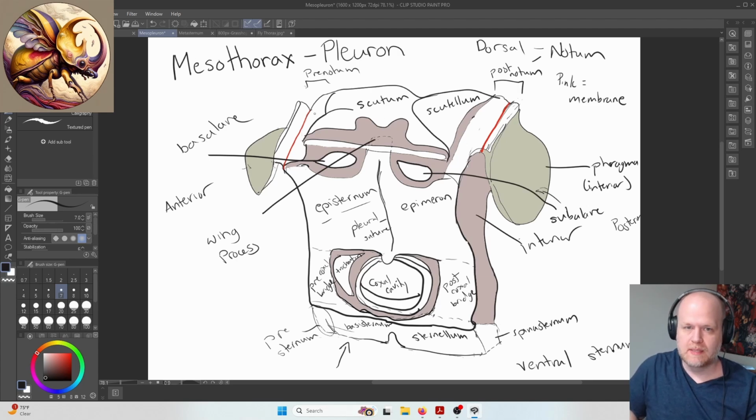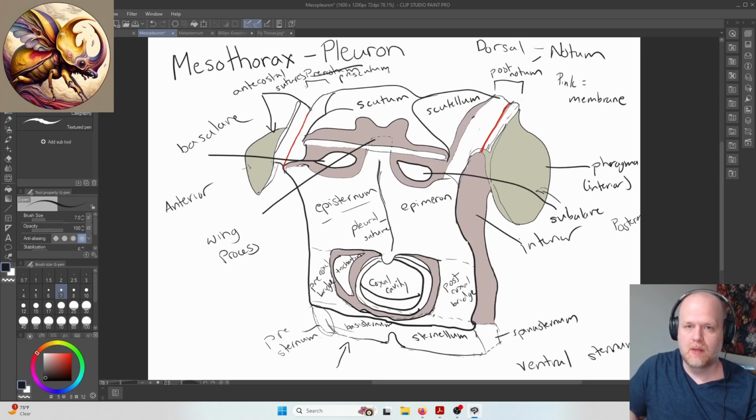These red lines that I have put in here are the anticostal sutures. And the anticostal sutures are associated with the phragma. This is where the actual phragma gets invaginated in. The prescutum, not prenotum, this should be prescutum.